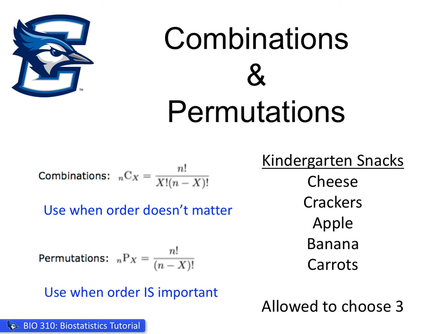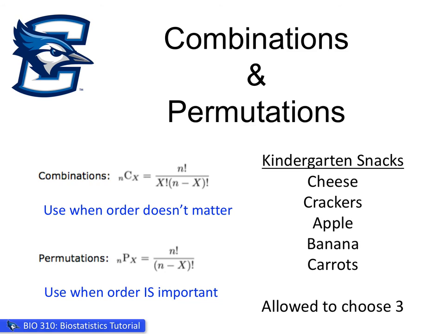Okay, so there are 5 choices, and the kids are told that they can choose 3. In this case, the number of options, n, would be 5, and the allowable number, 3, is x.